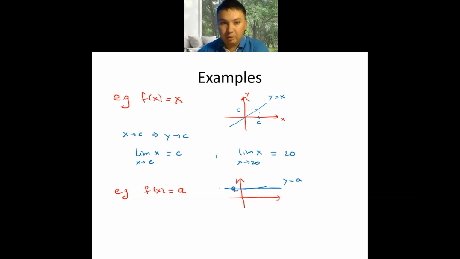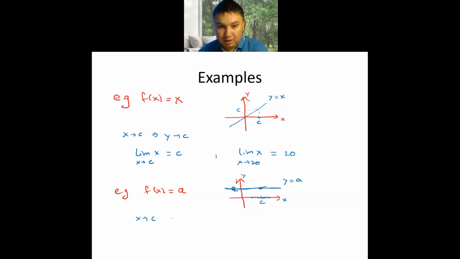Now again, if you pick a limit point C somewhere on your x-axis, what happens? If you let x come close to C, what do we mean? You're picking points approaching C, from the left, from the right, etc. Then you are approaching this point, which is a.